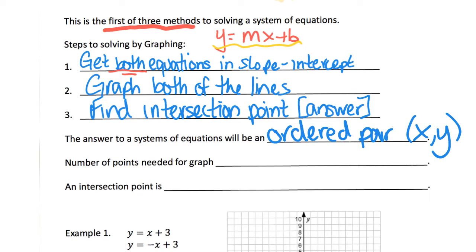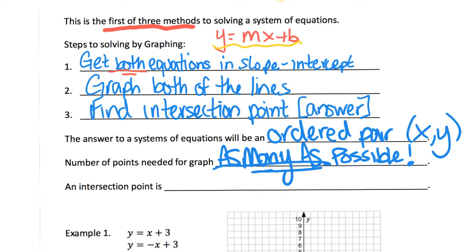You may be wondering, how many points do I need to graph? That's a great question. You're going to want to graph as many as possible, so you graph the entire way.